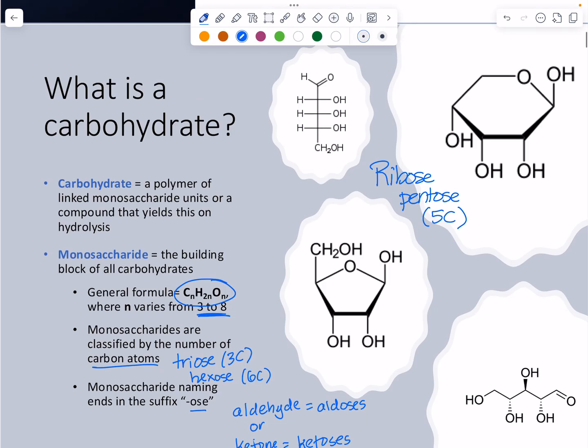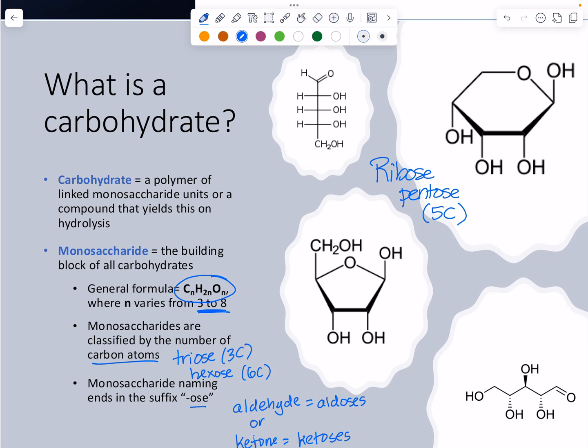It's a 5-carbon sugar. Every single structure that you see on this slide is a different representation of ribose, or a different structural form. You'll notice that none of these show all the carbons as C's.